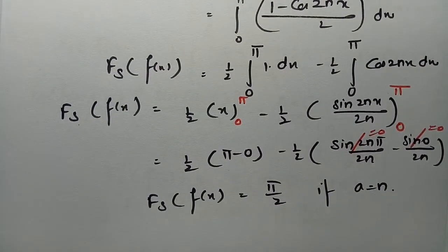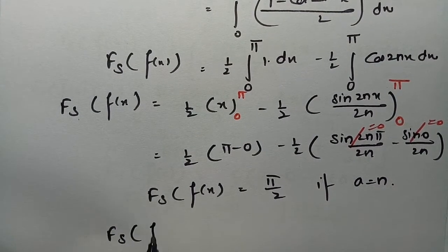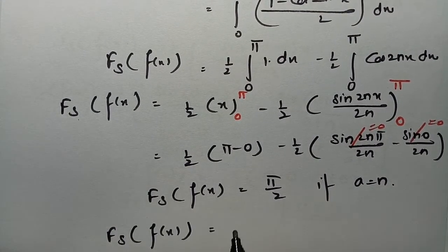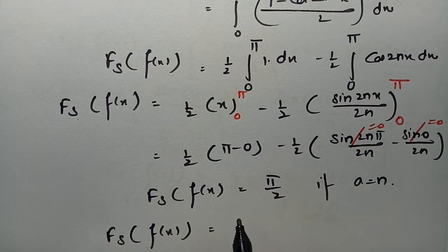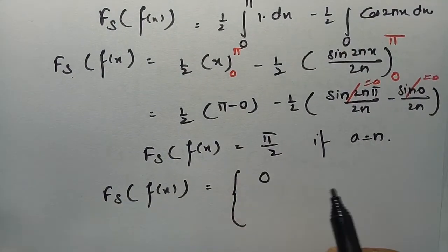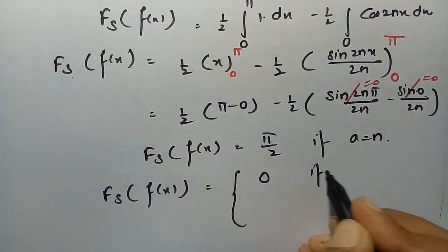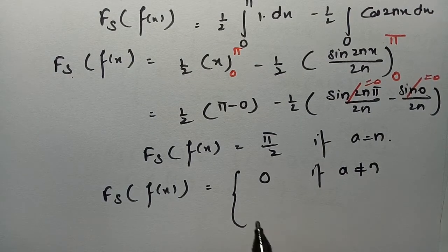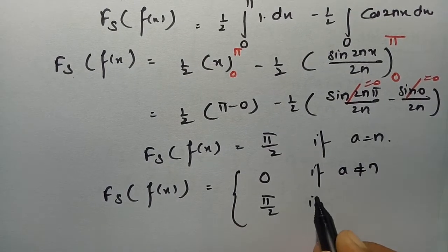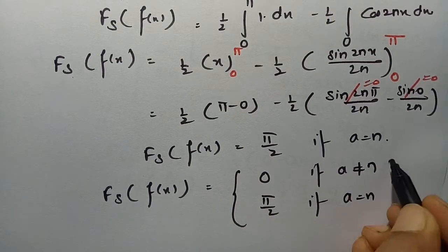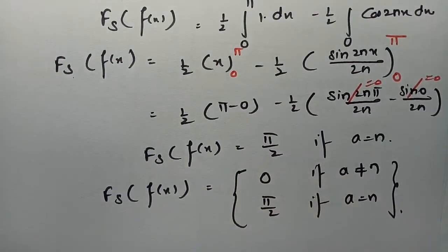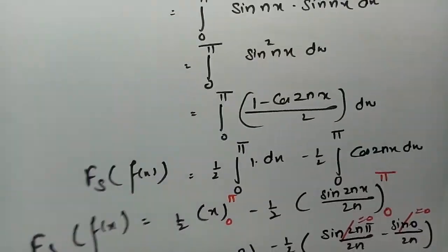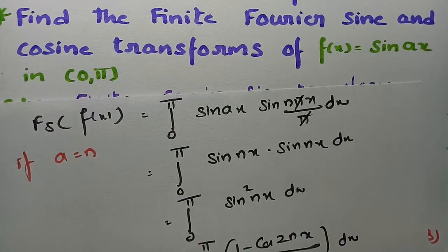So the Fourier sine transform is 0 if a is not equal to n, where n is an integer, and pi by 2 if a is equal to n. So this is the value of the finite Fourier sine transform.